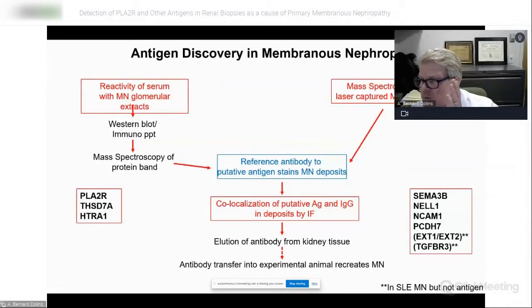One of the things I would point out in SLE is that exostosin is not the antigen. And so there is a search for what is the significance of finding exostosin in SLE patients.